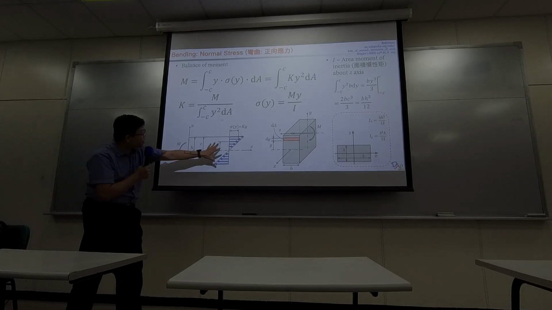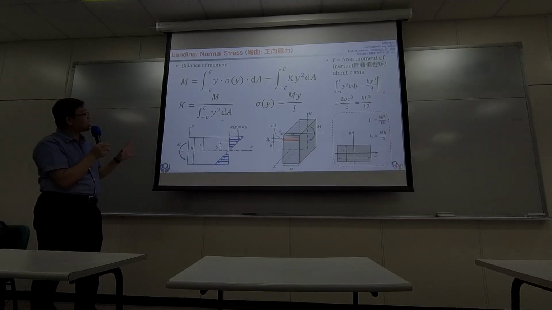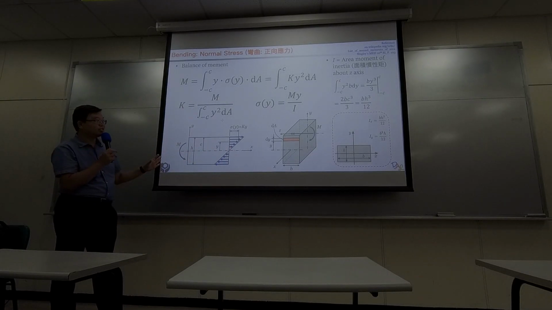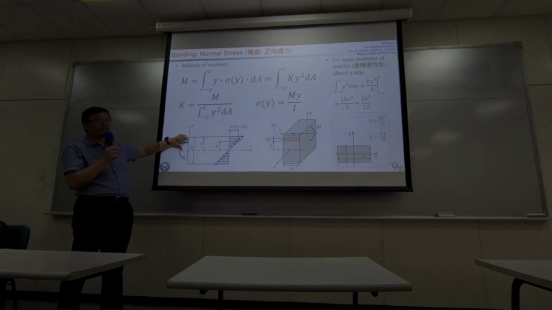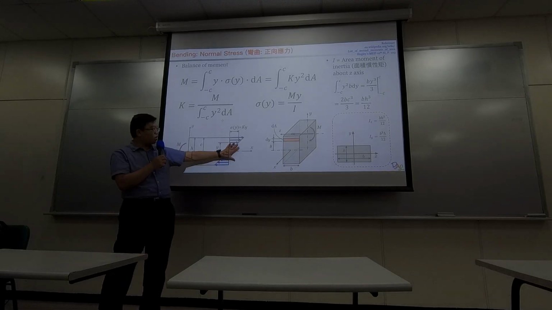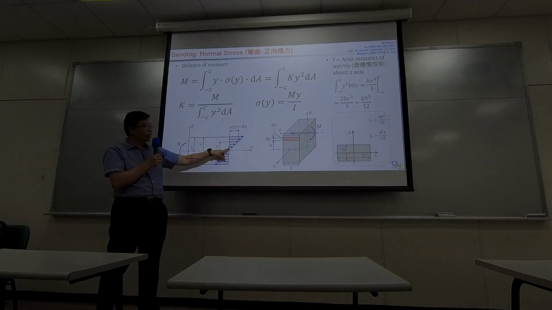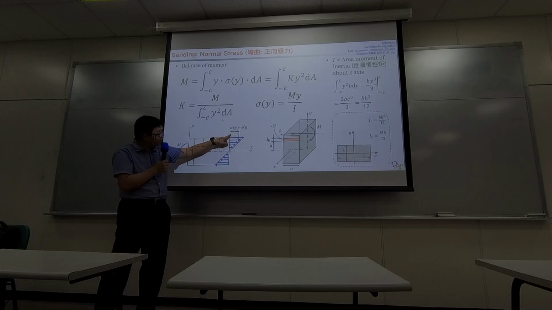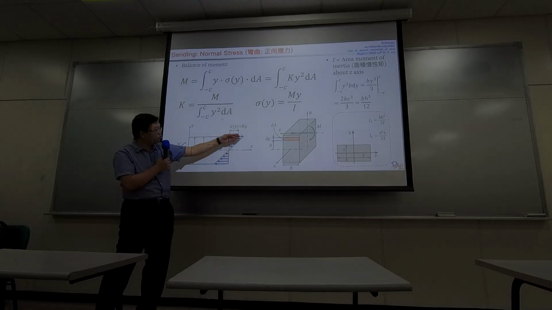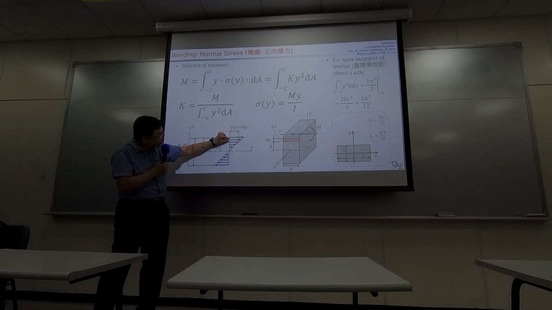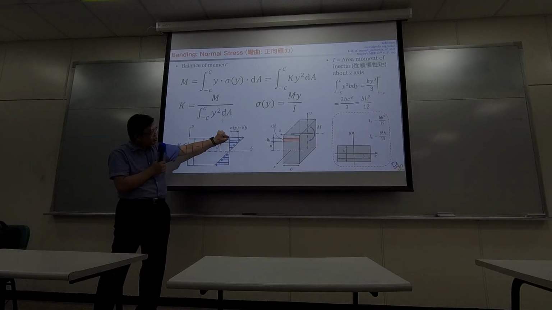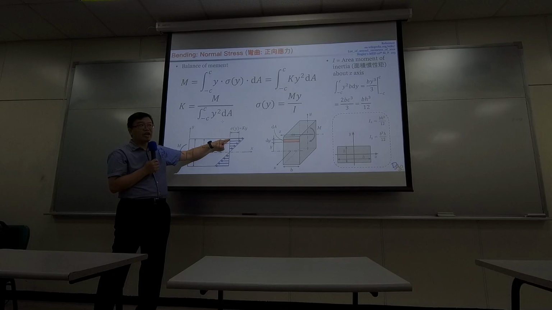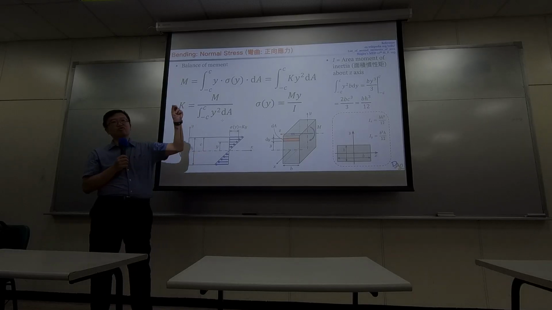Okay, from here, can we do some analysis so that this material has a balance of moment? On the left-hand side, you have the external moment being applied. And on the right-hand side, you have the stress distribution from its neighboring material. Because we know we have this linear stress distribution, we just need to cut it into small pieces, compute the force applied to each small portion and how it contributes to the moment.